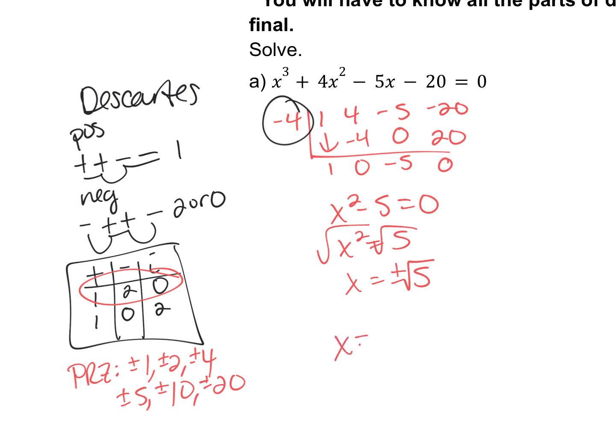So technically plus or minus the square root of 5 is two answers. They're not imaginary. They are irrational, but they're not imaginary. So they would fall under this category right here. So there's one negative here, which makes 2. And then there's also a positive in there too, which makes that one. So final answer, negative 4 and plus or minus square root of 5.